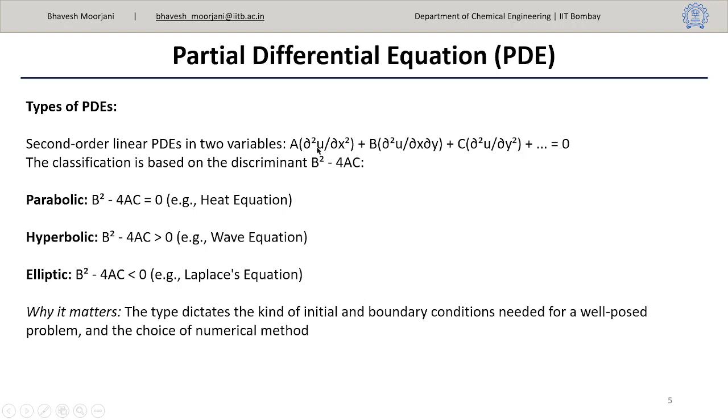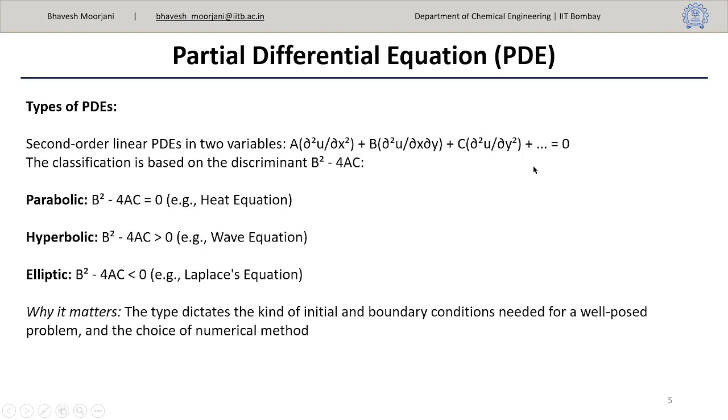You have the second order derivative of your function with respect to only the first variable, with respect to both variables, and with respect to only the second variable, and then the rest of the terms. Here you will have the first order partial derivatives and the normal values, right?